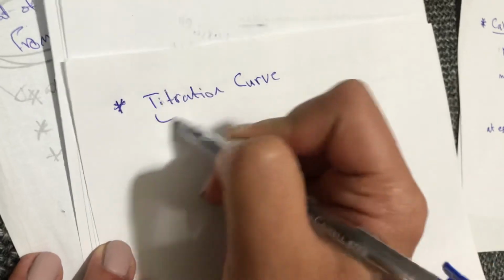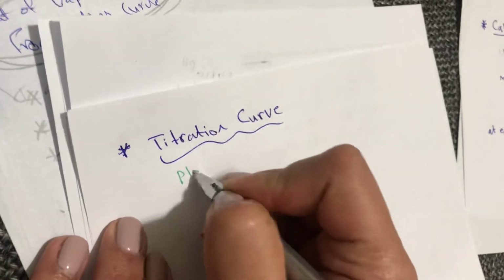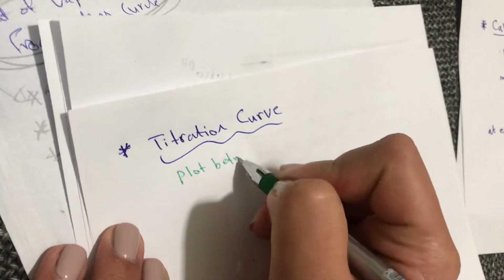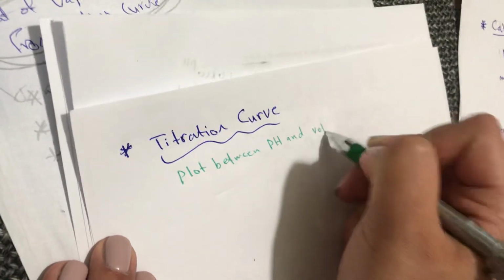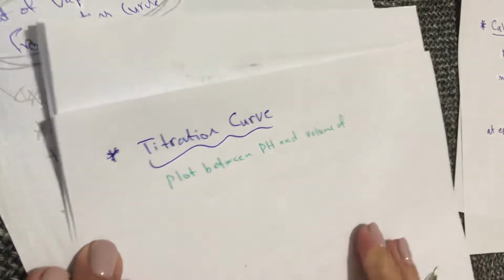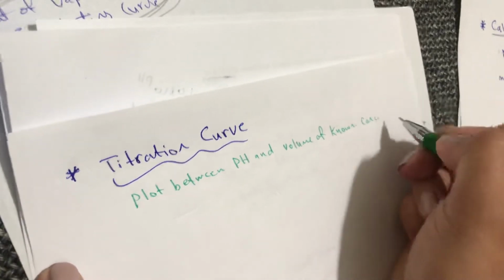So now, the titration curve. It's a plot between pH and volume of known concentration solution.